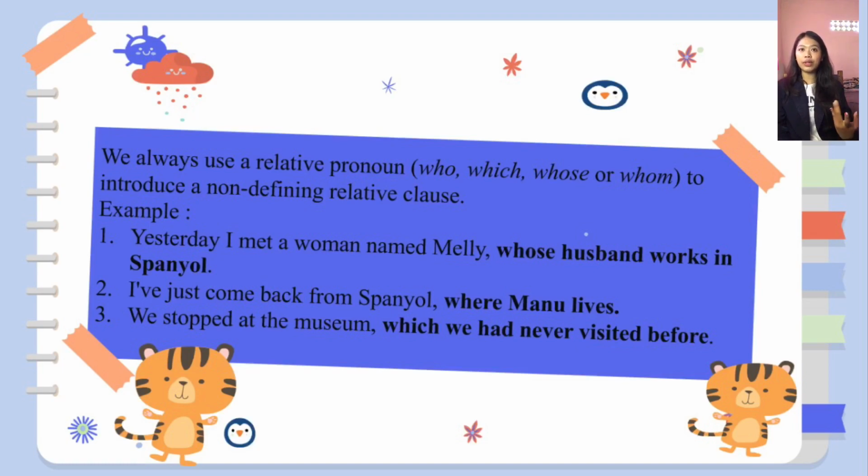Yesterday I met a woman named Melly, whose husband worked in Spain. This gives extra information. Second, I have just come back from Spain, where Manu lives. And the last, we stopped at a museum, which we had never visited before.